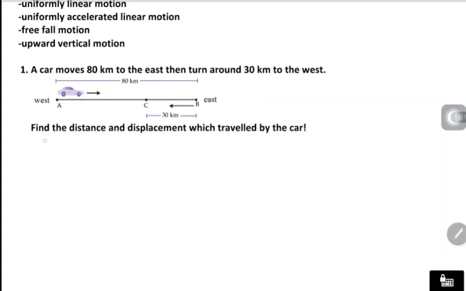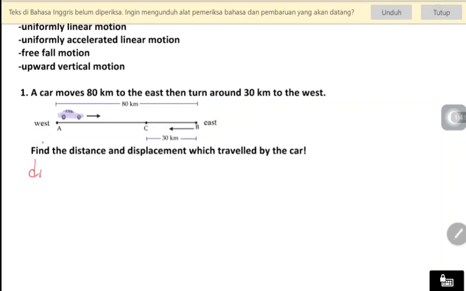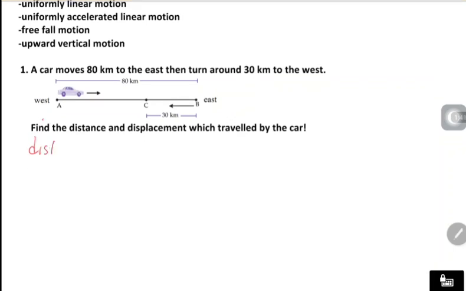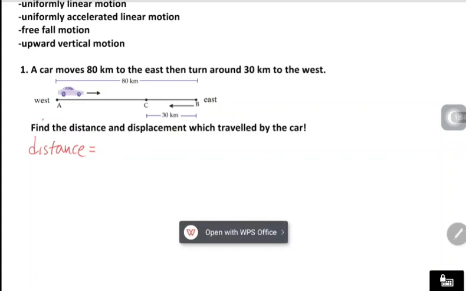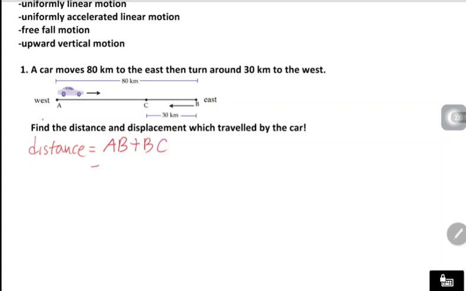The distance can be found by adding all of the journey, so that we add the journey AB plus BC, the 80 kilometer plus 30, so we get the 110 kilometer.